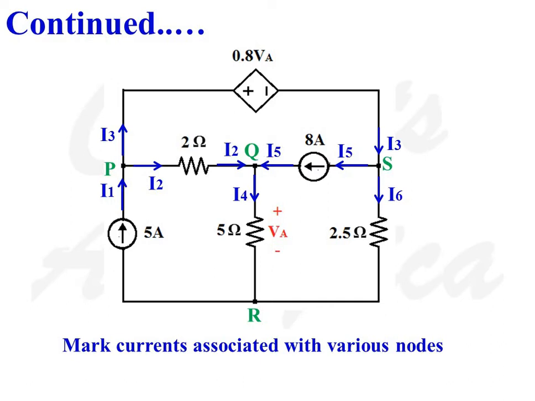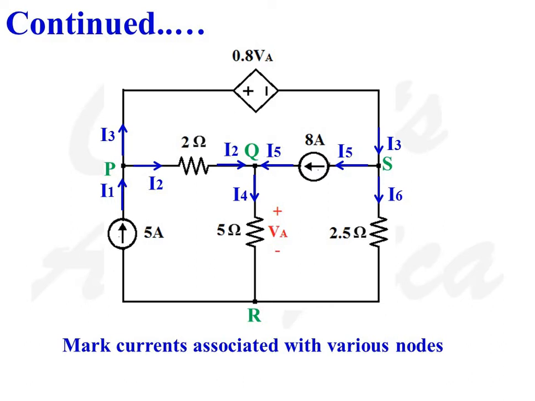In a network, if an independent or dependent voltage source is connected between two nodes, say X and Y, where neither X nor Y is the reference node of the network, then we can apply the concept of supernode.